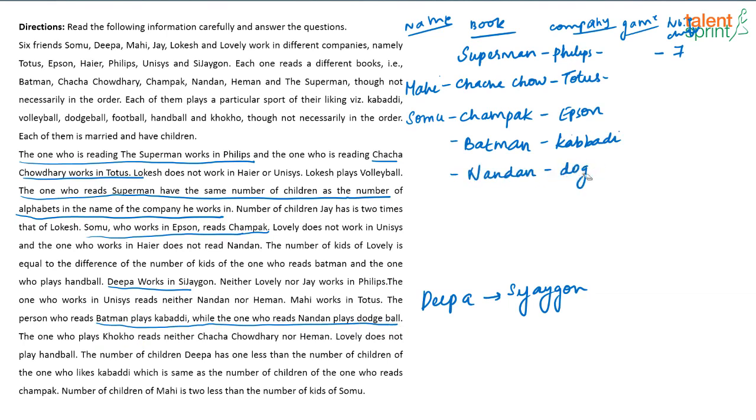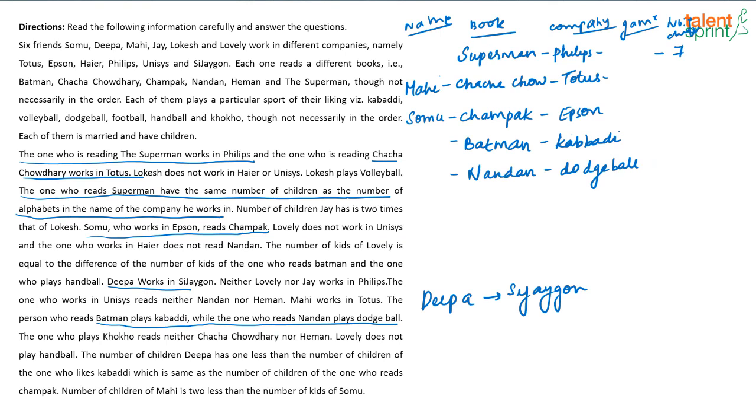So why did I write this first? Because when you look at the book and the company, mostly I am able to find out from the given information. So I let Deepa be aside. If I write Deepa, then it's going to be a confusion. I am not able to fix at least these. So I am just writing these.